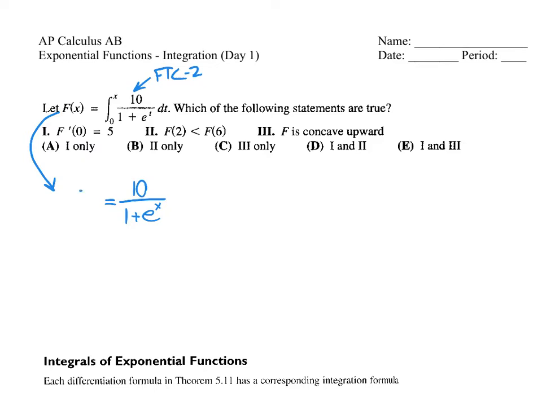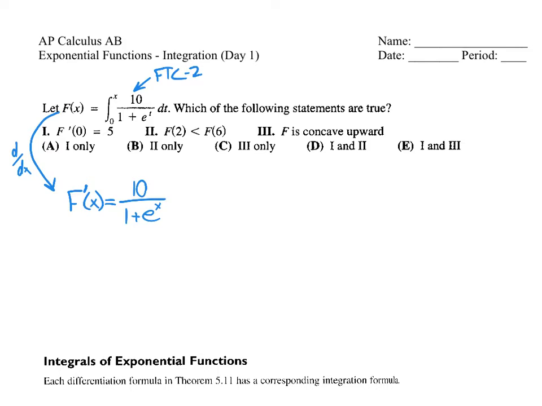Yes. That's the derivative of capital F of x. So you don't just stick it in there, but you're actually taking the derivative with respect to x. Now, that will actually allow us to analyze all three of these statements and see which, if any of them, are true.